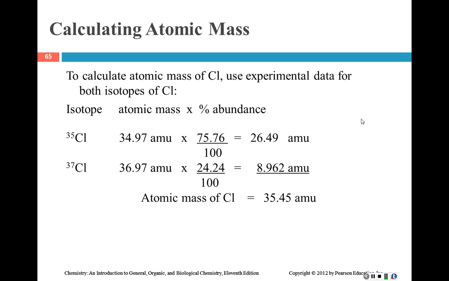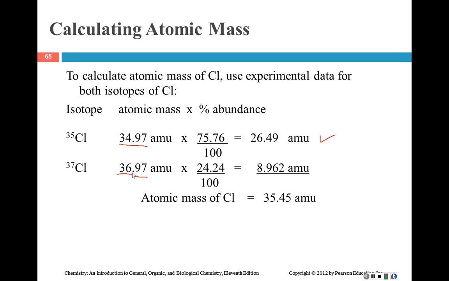All right. To calculate the atomic mass of chlorine, we're going to use experimental data. So we know that 75.76% of chlorine we see as 34.97 AMUs. 24.24% of it is 36.97. If I multiply 34.97 times the percent, I get 26.49 AMU.